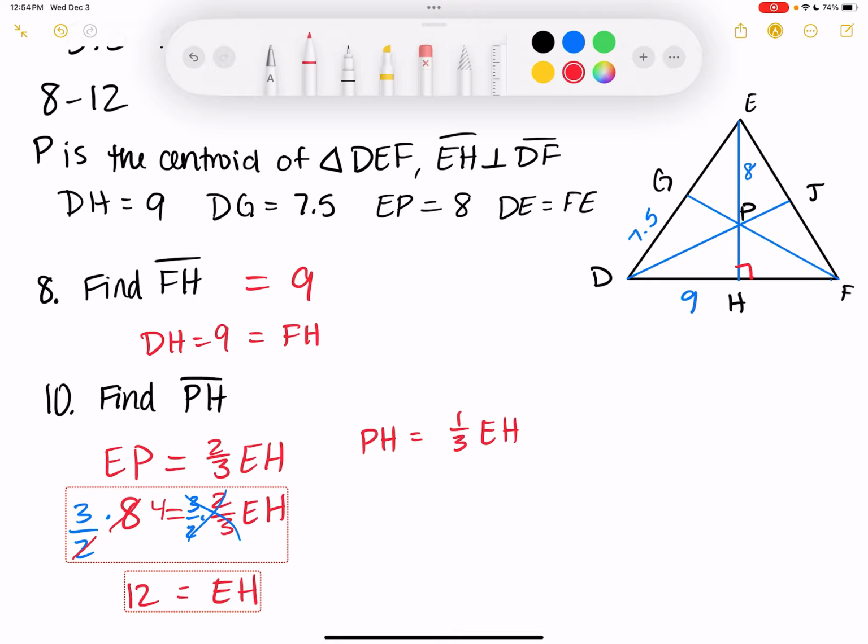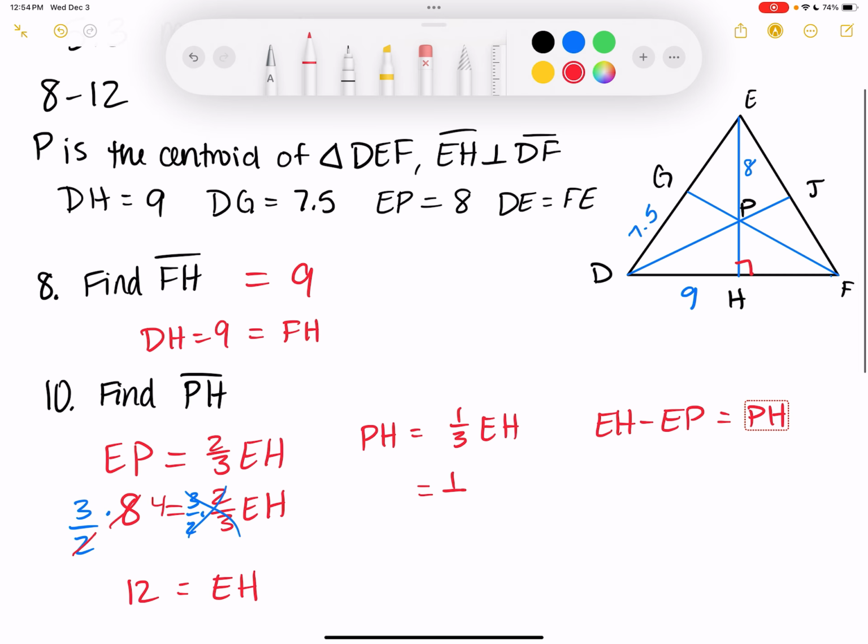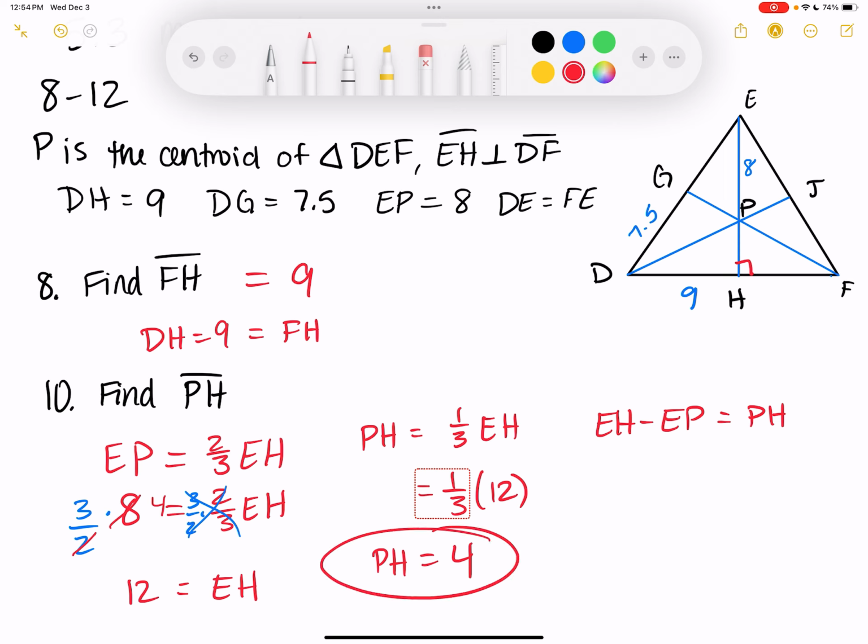So either way is fine. So I can either do EH minus EP equals PH, or I can use this formula here. Really doesn't matter. So I have 1/3 times 12. 3 goes into 12 4 times, so PH is equal to 4, which is what I was trying to solve for.